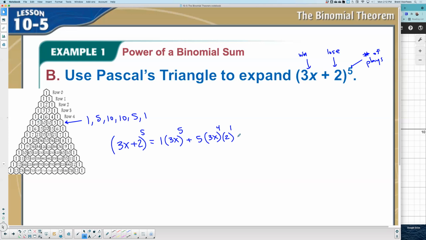For every one person who wins every game, 5 people win 4 of them and lose once. 10 people, well, what did the 10 people do? Win 3. So (3x)^3, lose how many? 2 times, because we're playing 5 here. Not only are there 10 people who win 3, lose 2, there's also 10 people who win 2, lose 3.